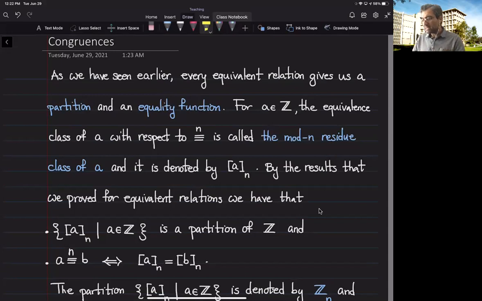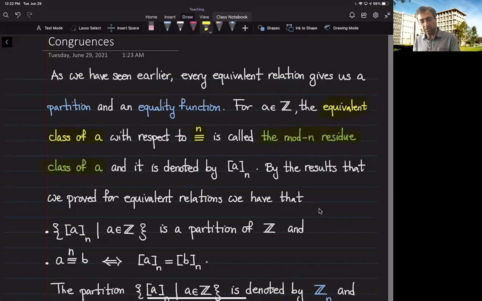The equivalence class of an integer A, with respect to this congruence mod N relation, is called the mod N residue class.